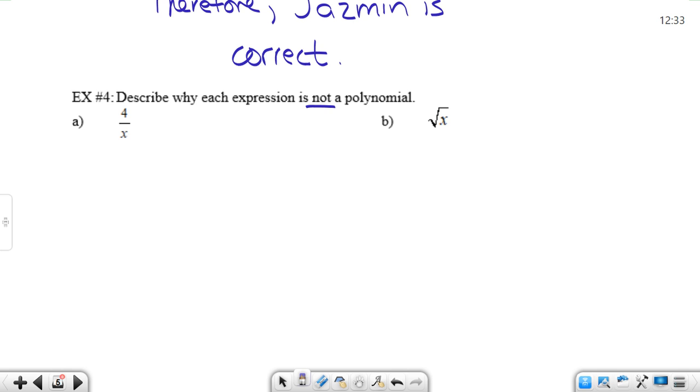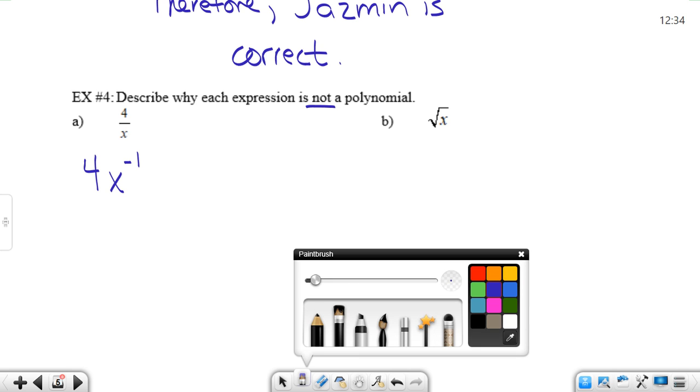So looking at A, we have 4 over x. So we can actually rewrite 4 over x as 4 times x to the negative first. Now, the reasoning behind this, guys, we will discuss later on. In the middle of chapter 6, we'll discuss why we can rewrite it like that.